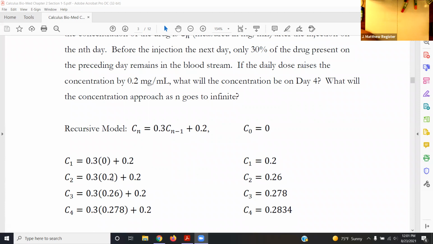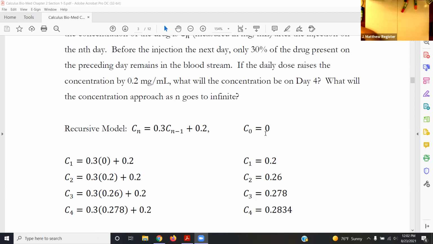And so 0.2 comes in, and then we plug it in, and we get 0.26. We take the 0.26 as the input for day 3, and then day 3, we end up getting 0.278. And then we take that and we plug it in, and we just continue this pattern over and over again. The question is, is this approaching some number, or is it going to go off to infinity?